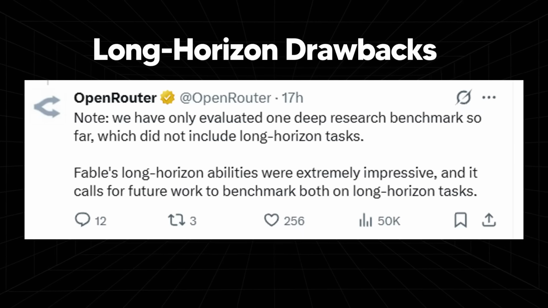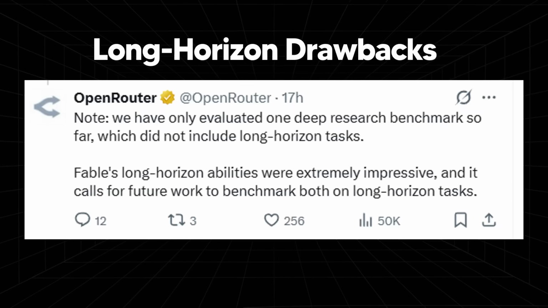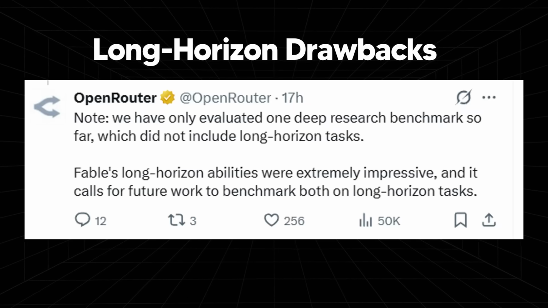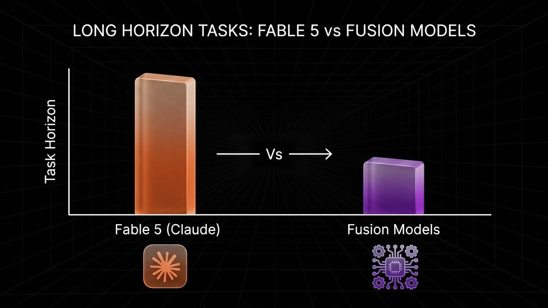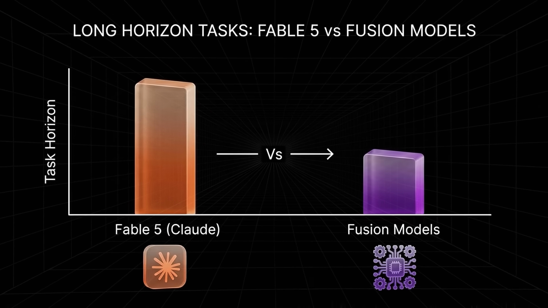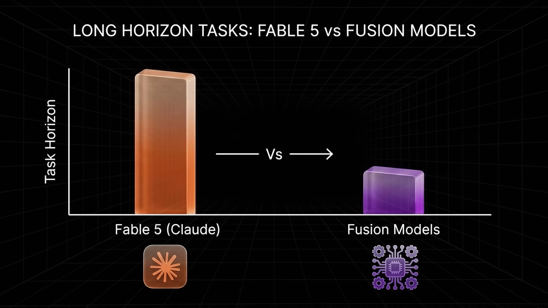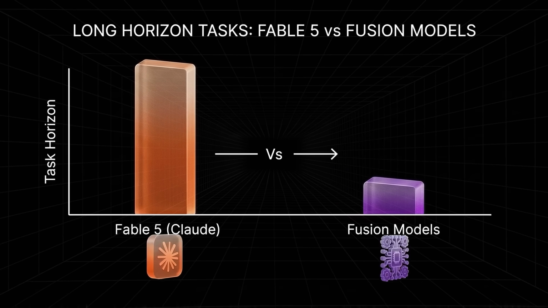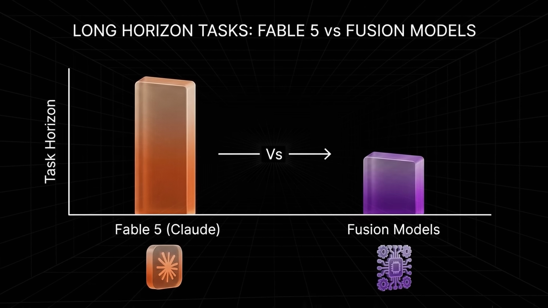OpenRouter themselves have said, we have only evaluated one deep research benchmark so far, which did not include long horizon tasks, and Fable's long horizon abilities were extremely impressive, and it calls for future work to benchmark both on long horizon tasks. So whilst yes, you are essentially getting Fable level intelligence, those long horizon tasks where Fable is able to continuously work again and again for hours uninterrupted, that is something that currently isn't available on the Fusion.